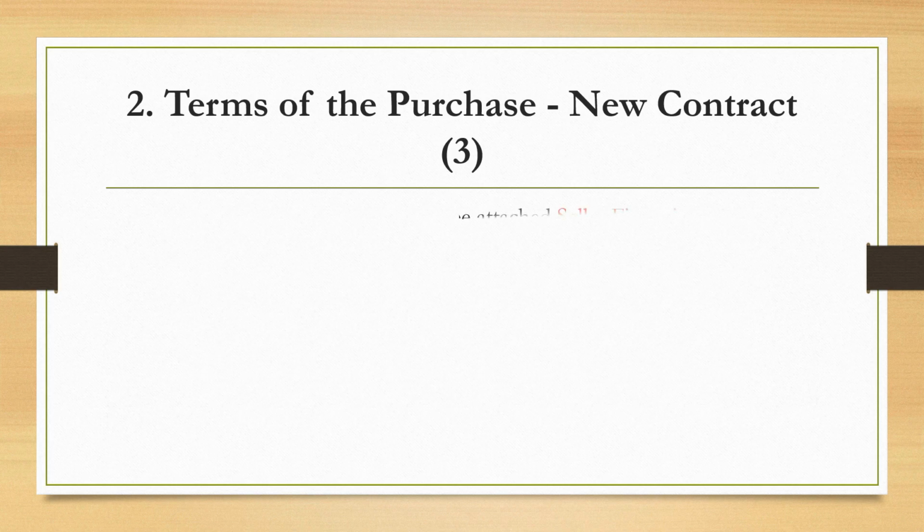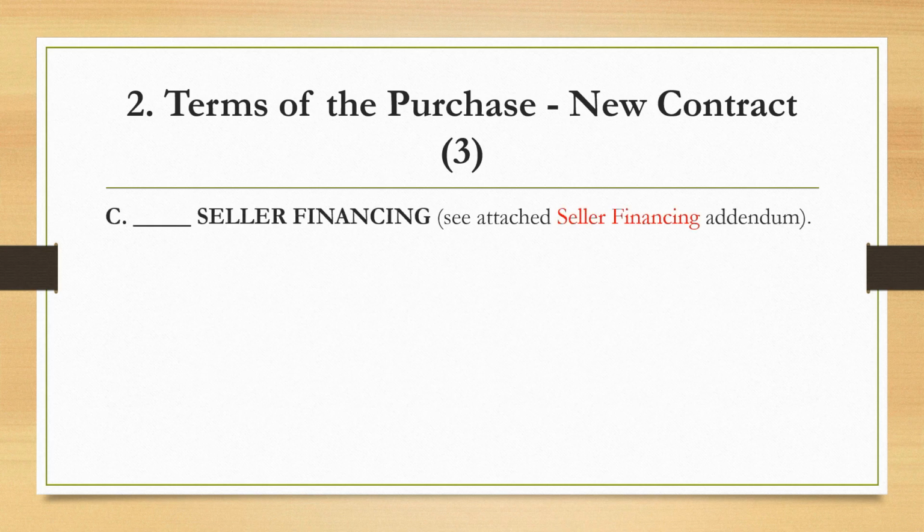Sometimes you have a traditional mortgage. So I changed that from vendor's lien to seller financing addendum, just because it's a more broad description and it's not specific to a vendor's lien collateralization of that loan.